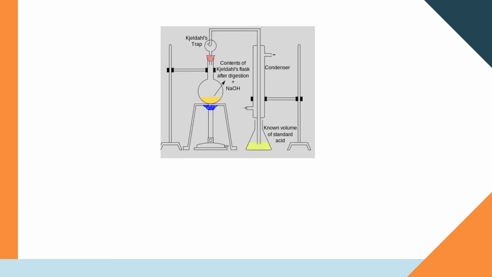And here is the experimental setup used for carrying out the distillation step. As you can see, here is a flask containing the digestion mixture, and you add sodium hydroxide into it, and the water vapor would evaporate ammonium hydroxide that can be then condensed using condenser and collected in the form of liquid in this yellow solution like boric acid or any other inert solution.